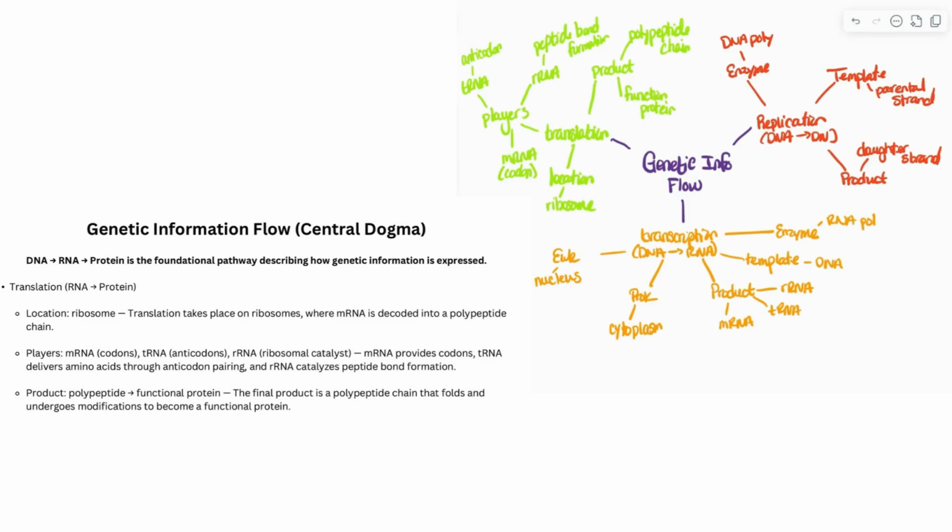The messenger RNA provides codons, transfer RNA provides amino acids through the anti-codon pairing with the codon, and the rRNA catalyzes peptide bond formation. What are the products? Well, you end up getting a polypeptide that transfers into a functional protein. So the final product is a polypeptide chain that folds and undergoes modifications to become a functional protein.